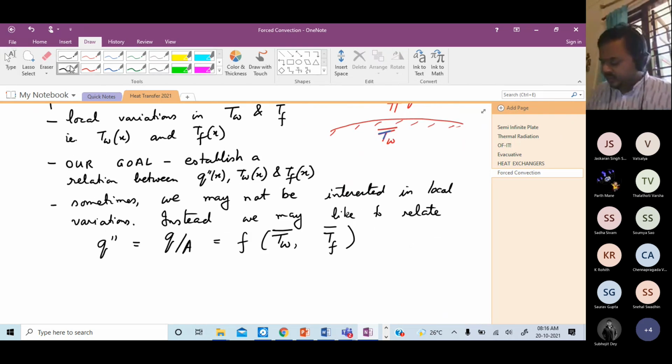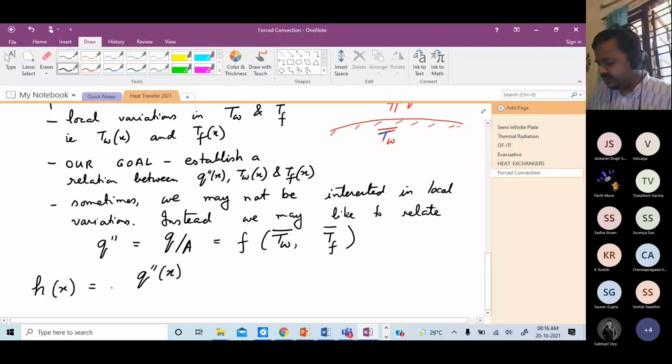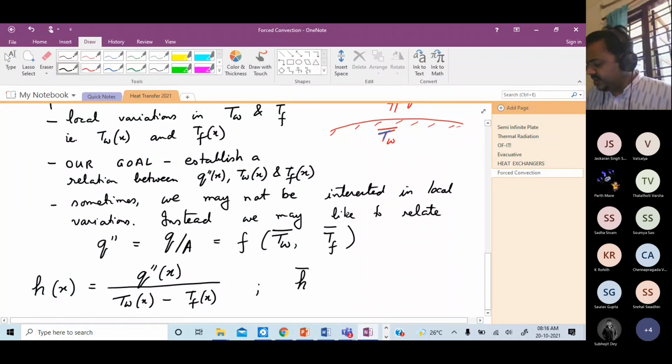So what we do is we define a term which you already know, which is h of X equal to Q double prime X over Tw minus Tf. And the average heat transfer coefficient h bar is going to be the total Q wall to fluid divided by area times these average values.